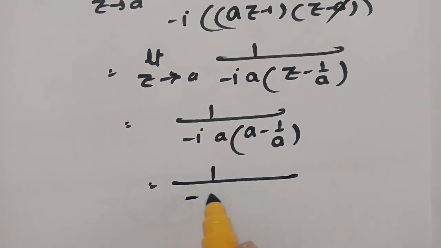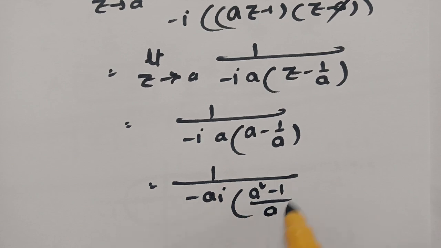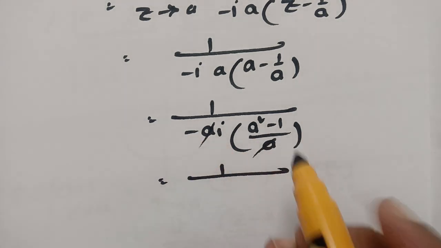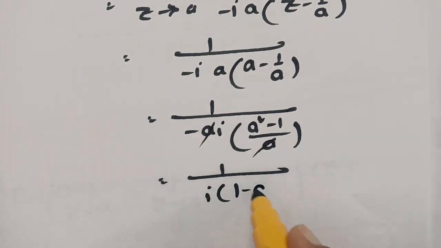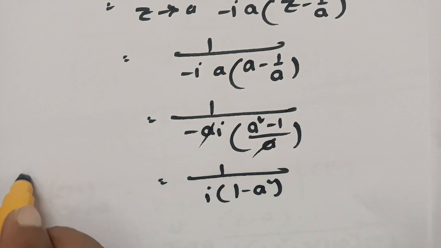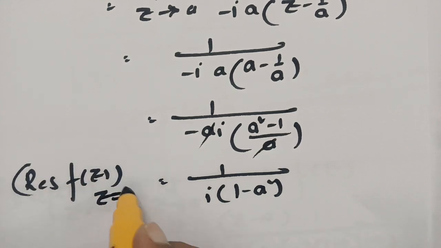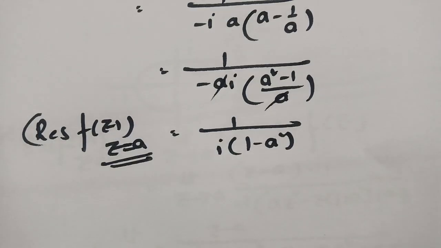So this is minus a i times of a square minus 1 by a. So I am cancelling a here, and if I send minus inside, this will be i times of 1 by a square. So this is nothing but the residue of f of z at the interior pole z is equal to a. Clear? Now I am going to apply the residue theorem.